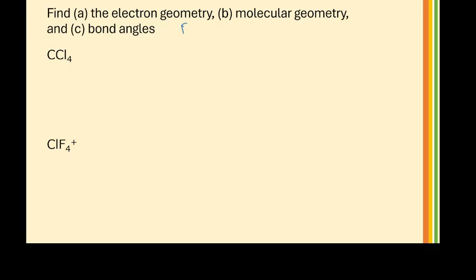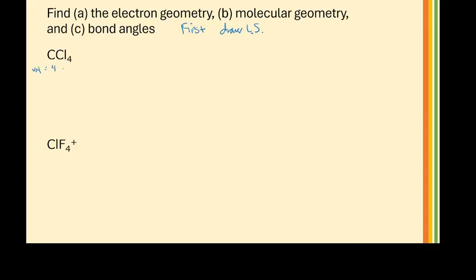So first, draw the Lewis structure. I will say, typically when I'm asking about geometry, to save time I will give you a Lewis structure, but we want to get super great at drawing Lewis structures, so more practice is better. All right, valence.